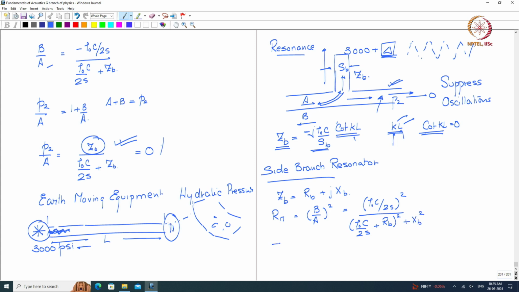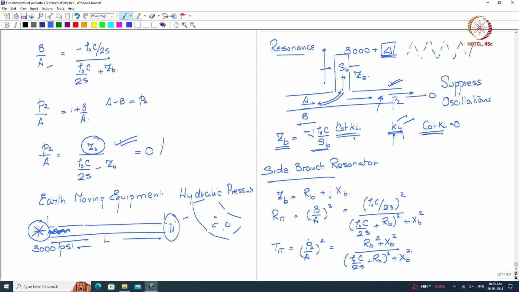And the power transmission coefficient, which is (P2 by A) squared, is equal to RB squared plus XB squared, divided by (rho 0 c by 2S plus RB) squared plus XB squared.